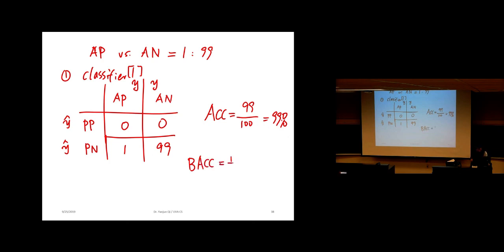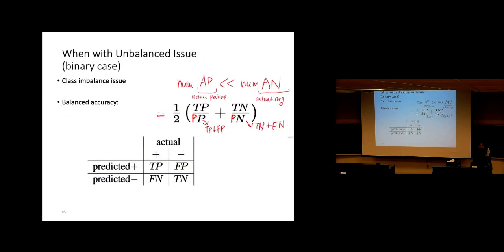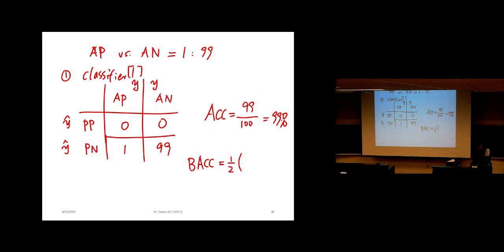So I have one half of true positive over predicted positive. True positive is 0, over predicted positive, what is predicted positive? Oh, I can't even calculate this, because nothing is predicted as positive. Assuming I have a good strategy to bypass this case, I have a small epsilon here, guaranteed to give me 0.